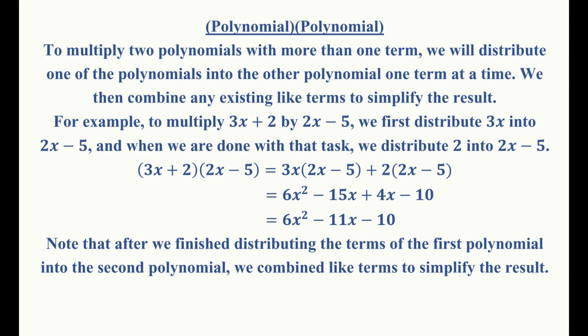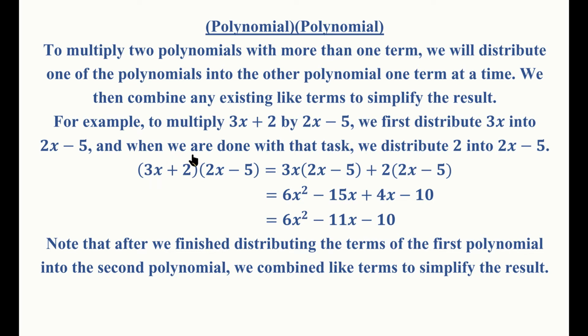So next, we're going to look at polynomial by polynomial multiplication. So we're going to have more than one term, such as we see here, by more than one term that we're going to be multiplying. Now, the procedure is going to involve distribution again, but obviously since we have more than one term here that is going to get multiplied, we have more than one distribution going on.